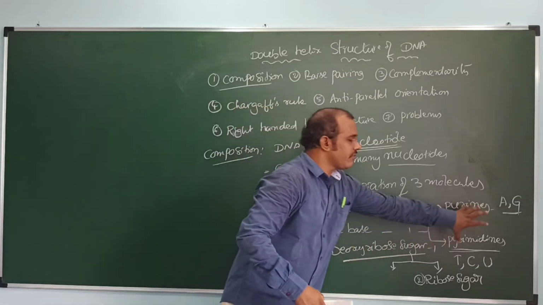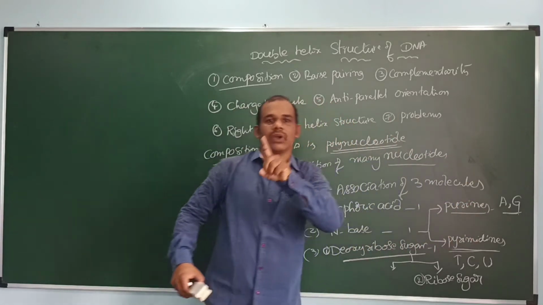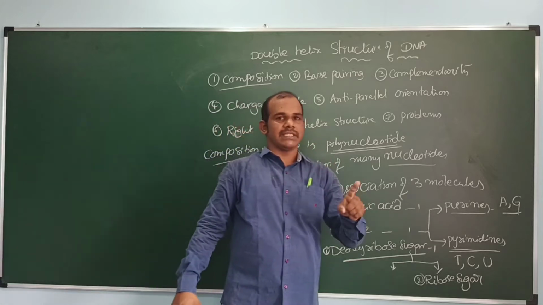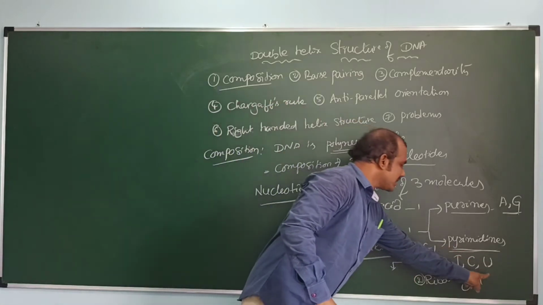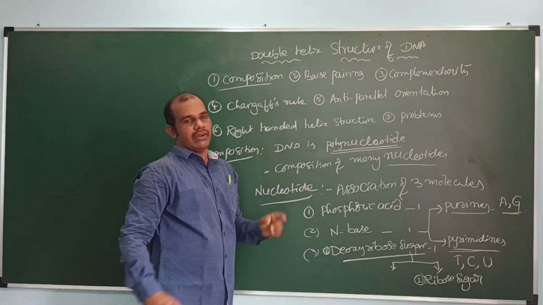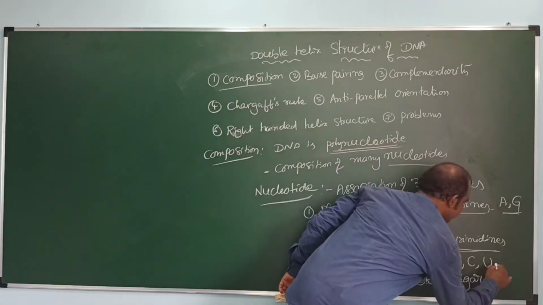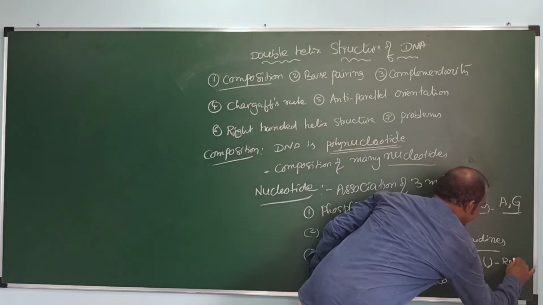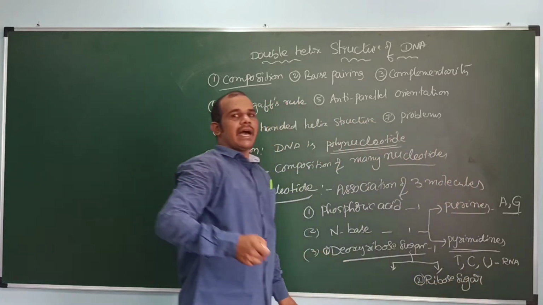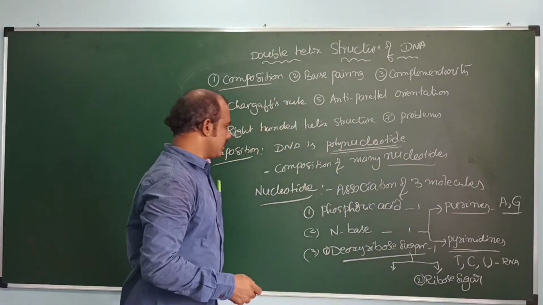So, of those 5 nitrogen bases, any one of the nitrogen bases is present except uracil in the DNA. Why? Because uracil is present only in RNA. It is not present in the nucleotide of DNA.